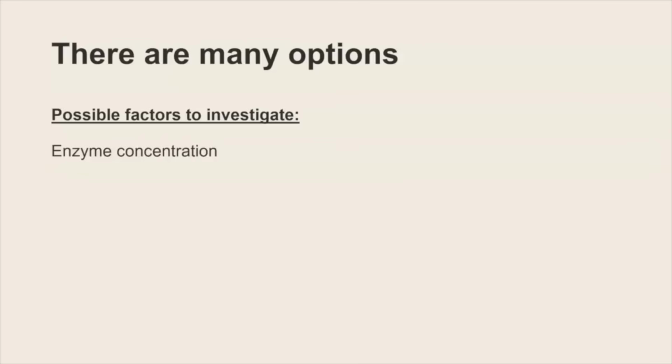So the first thing to point out with this required practical is there is not one set practical that could come up. There's actually many options because of the way the title is written. So it could be you are given a question where you have to investigate the enzyme concentration or substrate concentration, temperature, pH, or even inhibitors.